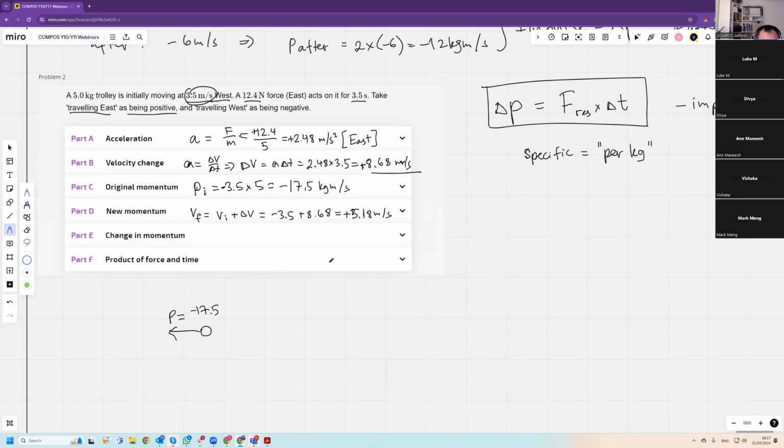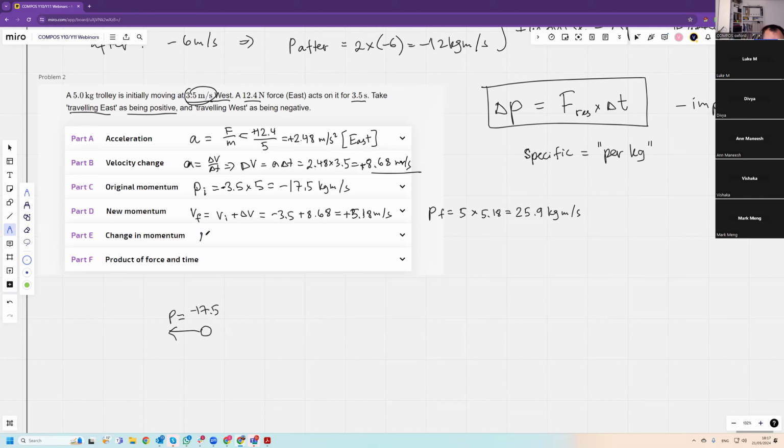That's the final velocity. So the final momentum is the final velocity times the mass: 5 multiplied by 5.18, which is 25.9 kilogram meters per second.